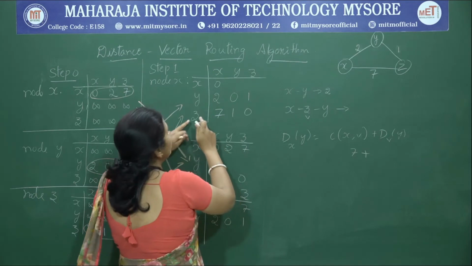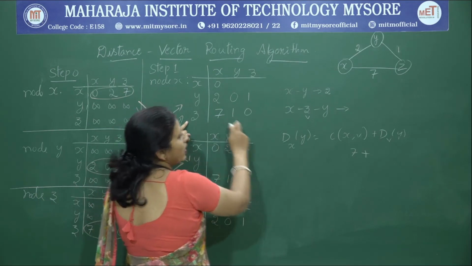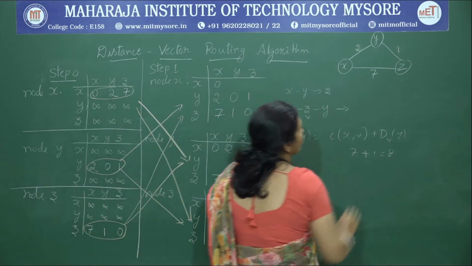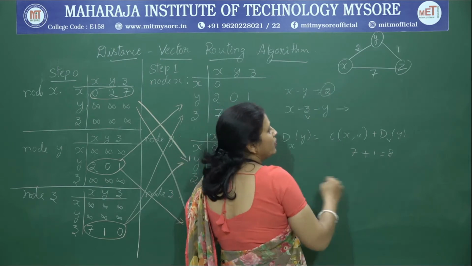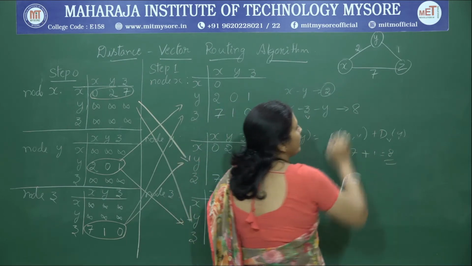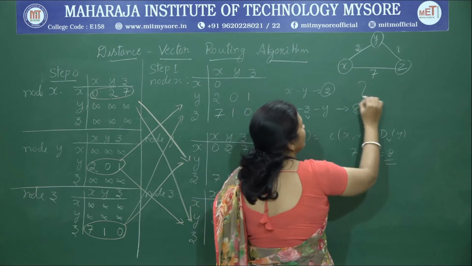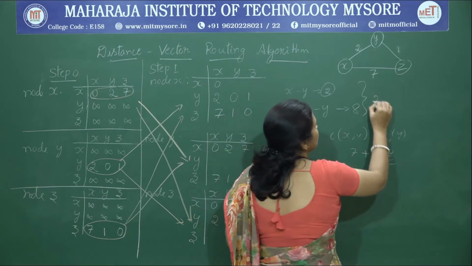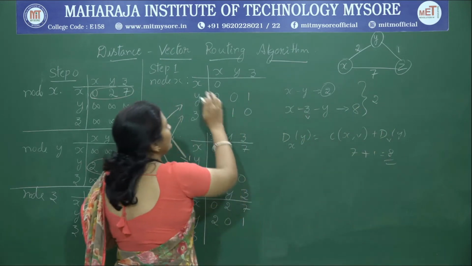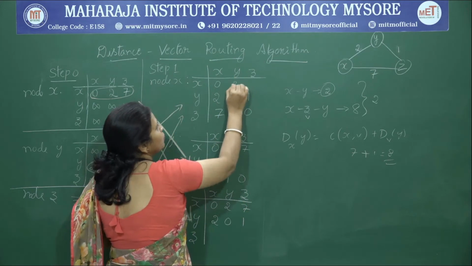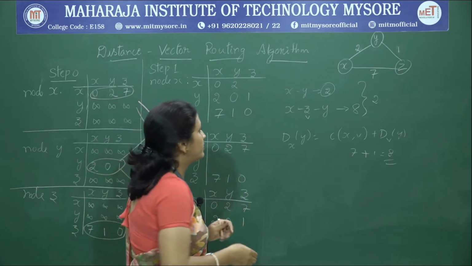So, what is that? D z to y is 1. So, that becomes 8. We already had 2 and the newly calculated value is 8. So, which is the minimum among these two? It is 2. So, we will write from x to y as 2. We will retain the value as it is.